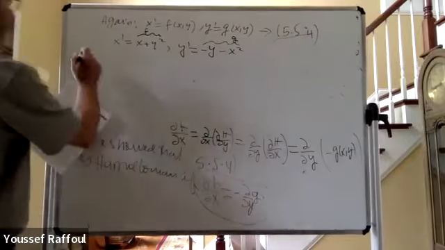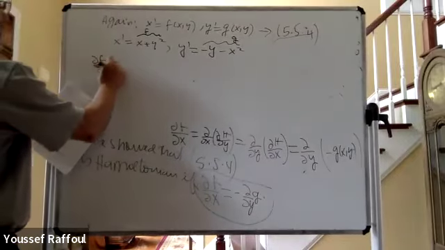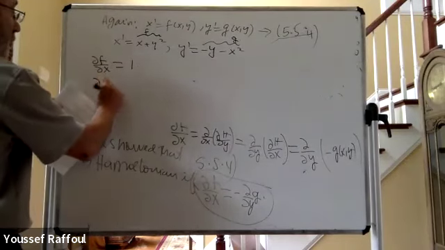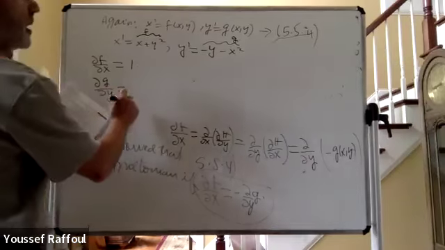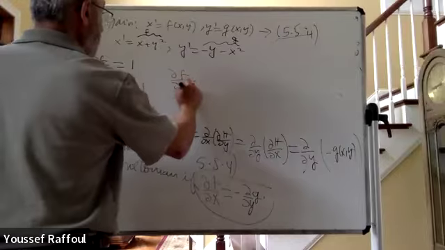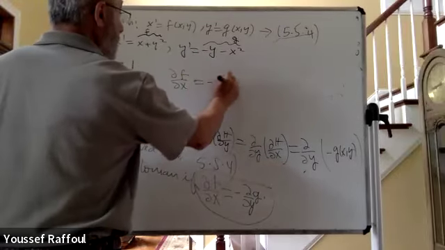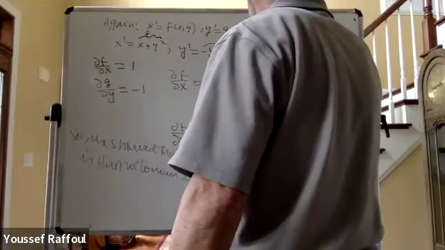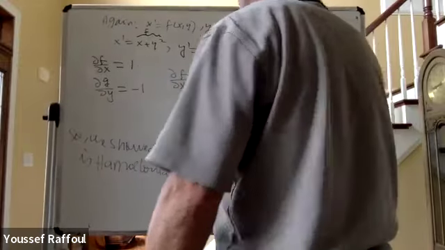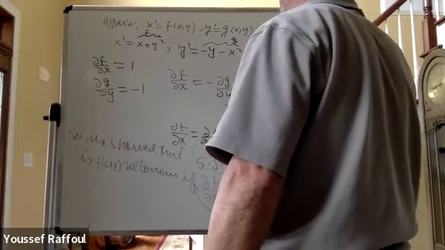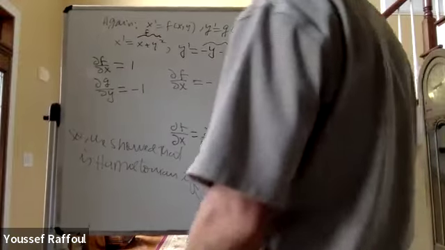So I need del f over del x. That is 1. Del g over del y. That is minus 1. So we see del f over del x equals minus del g over del y. So the system is Hamiltonian.